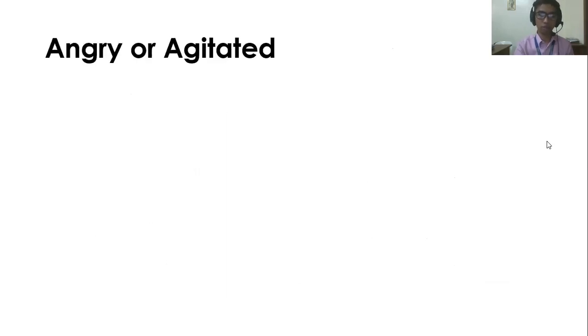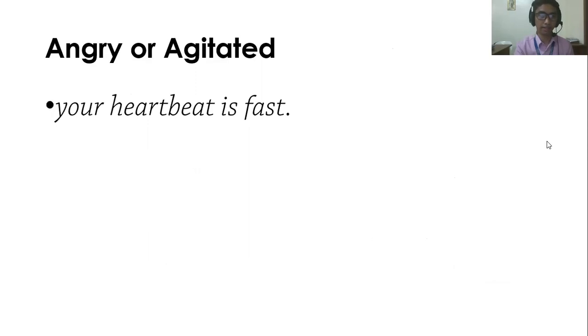For example, if we are experiencing being angry or agitated, of course your heartbeat is fast. Normally in biology, when you're angry, it is your blood, as if you are experiencing hypertension.